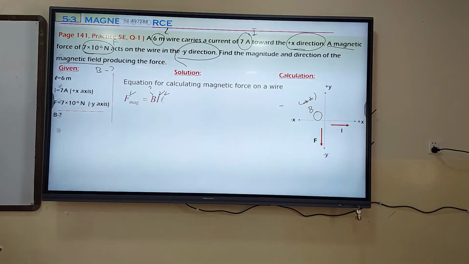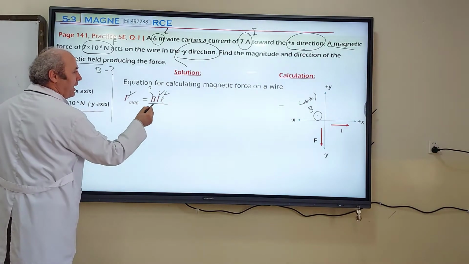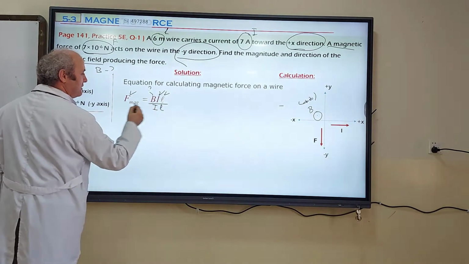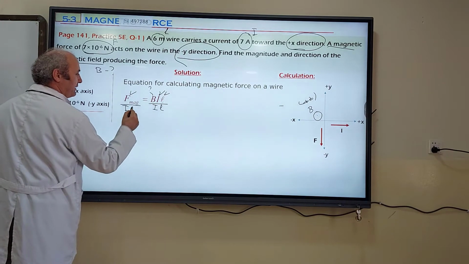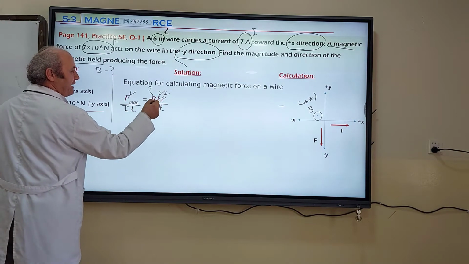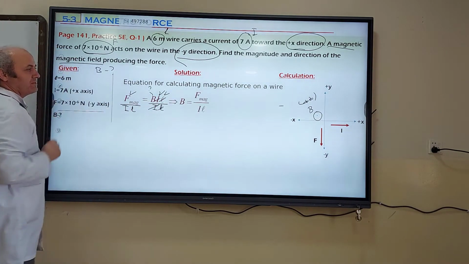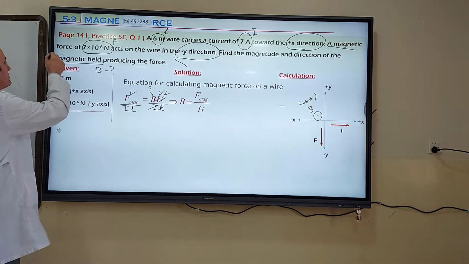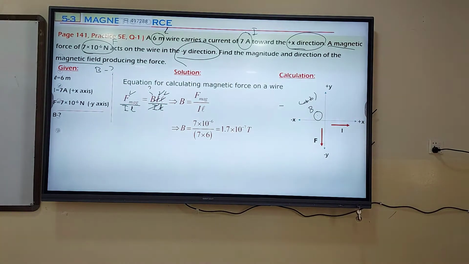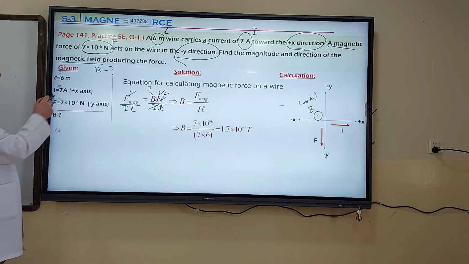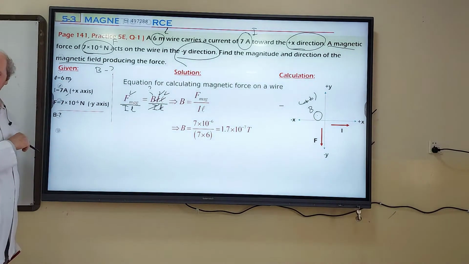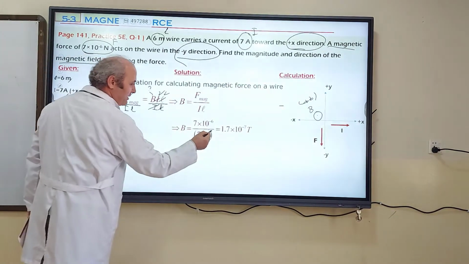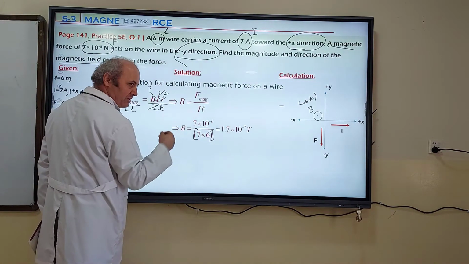Simplify the equation by dividing both sides by I and L. So B is equal to F magnetic divided by I L. F magnetic is given as 7 times 10 to the power negative 6. I is given as 7. L is given as 6. Don't forget to use brackets if you are going to use a calculator.